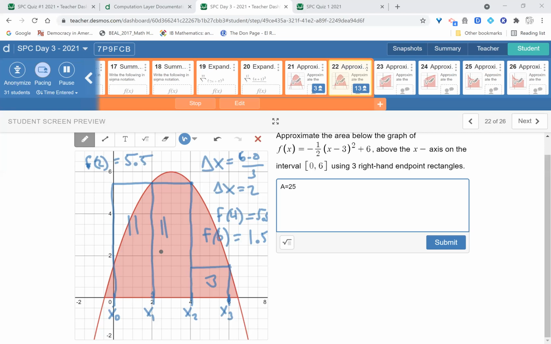But if I tell everyone to use right-hand endpoints, then I know when I do my calculation correctly and you do your calculation correctly, our answers should match. Makes it much easier for me to grade. Does that kind of make sense?